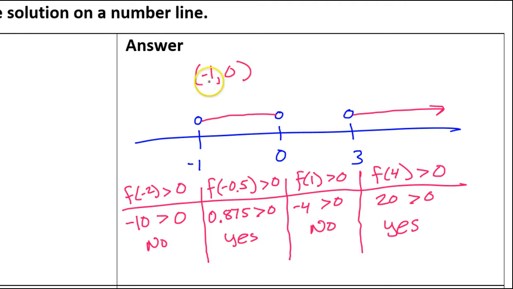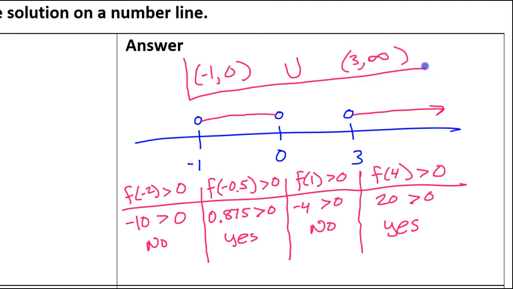Parentheses show that -1 and 0 are not included as part of the solution. For this part over here, it goes from 3 to infinity. Now, when you have your solution in two separate intervals, you join them with a union symbol. So this is the final answer in interval notation.